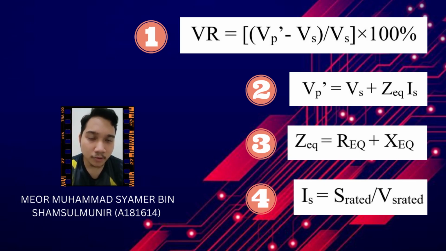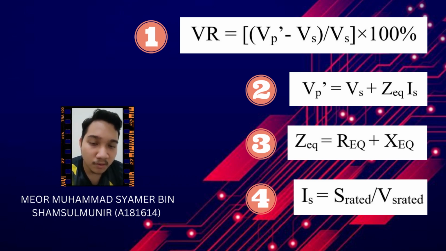The second objective is to determine the voltage regulation for a given transformer for a specific load. To find voltage regulation, we can use the first equation. We already have the secondary voltage value, but we have to find the primary voltage from the secondary side.